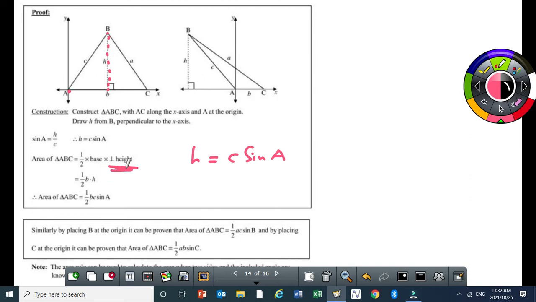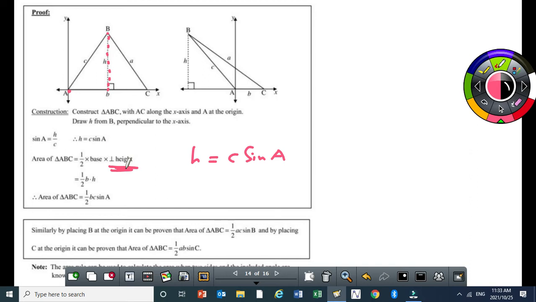Then you identify your base. In this case, my base is going to be the length B. Which means, with the height H being C sine A, the formula becomes half BC sine A.